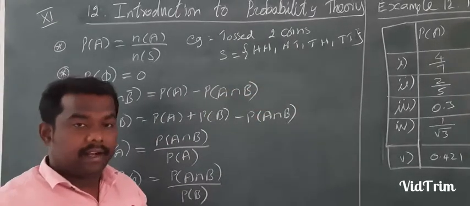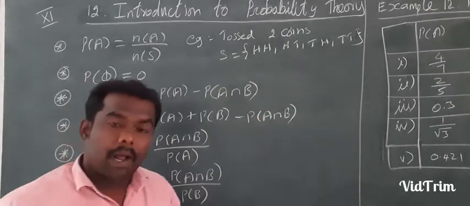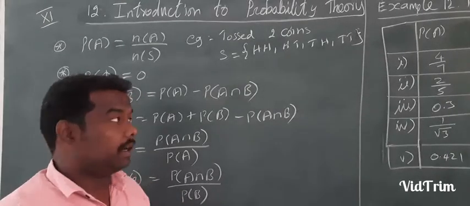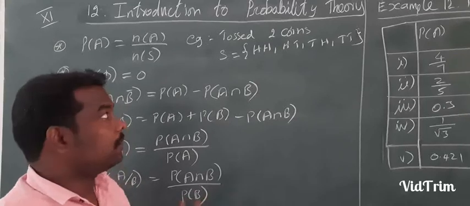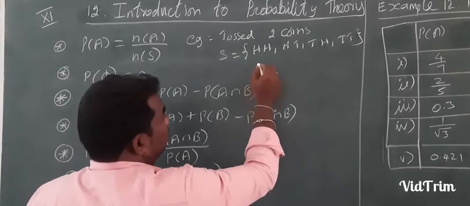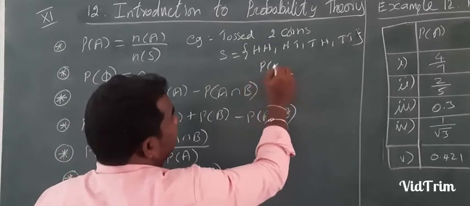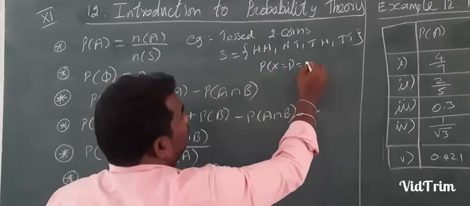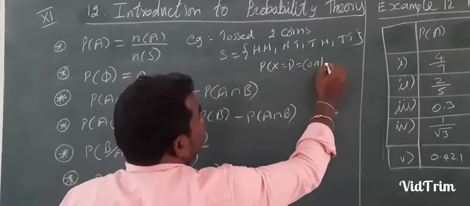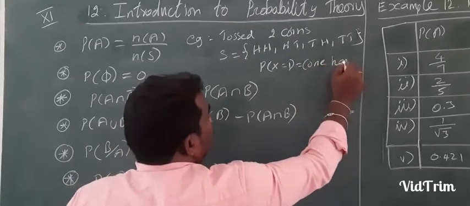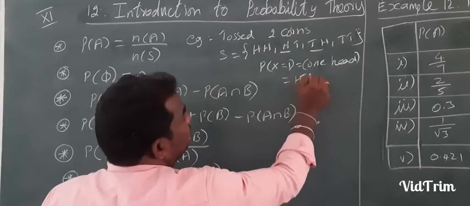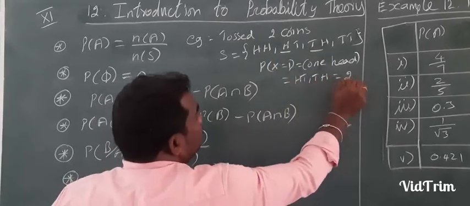Now, what is the probability of only 1 head? Only 1 head means this one and this one, so there are 2.